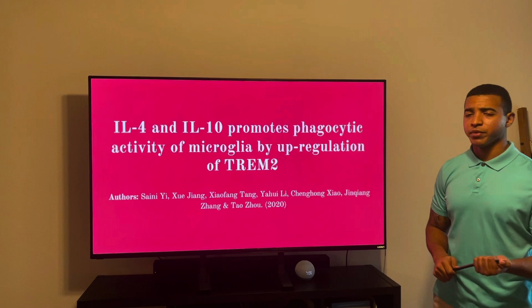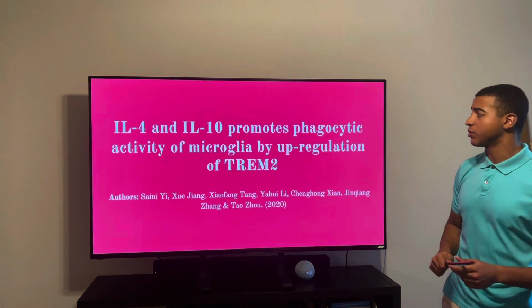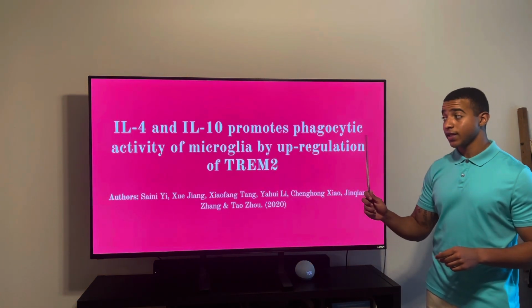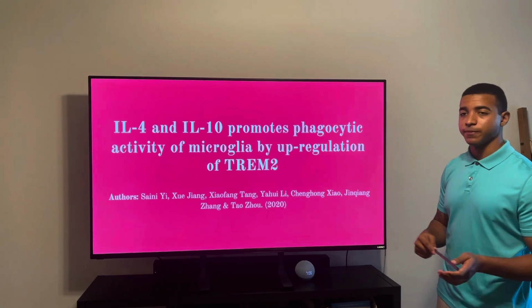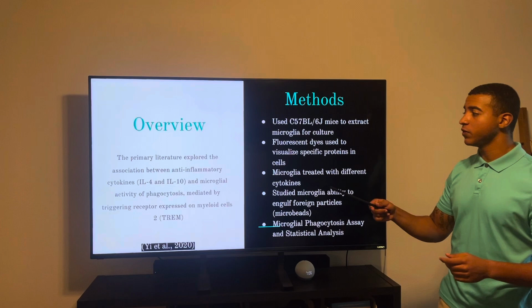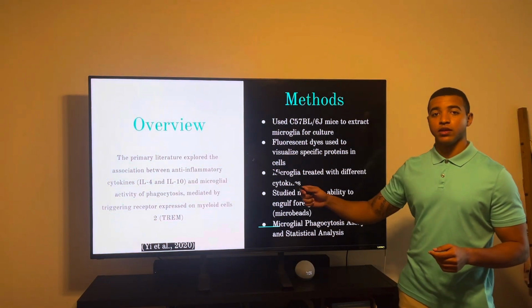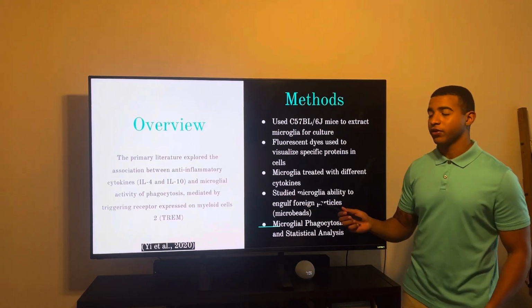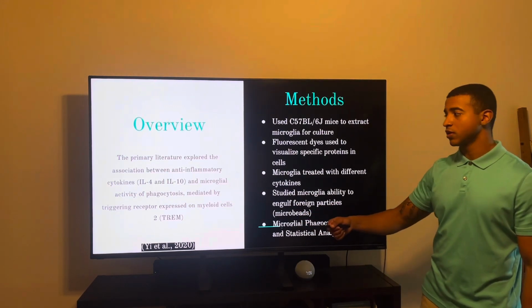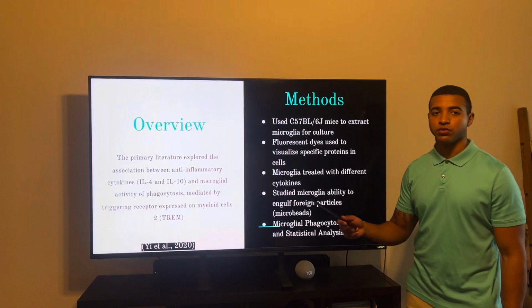The next primary literature study was "IL-4 and IL-10 promote phagocytic activity of microglia by upregulation of TREM2" by authors below. The overview is basically they were exploring the association between anti-inflammatory cytokines like IL-10 and IL-4 and the microglia activity of phagocytosis by the mediation of the TREM2 receptor.